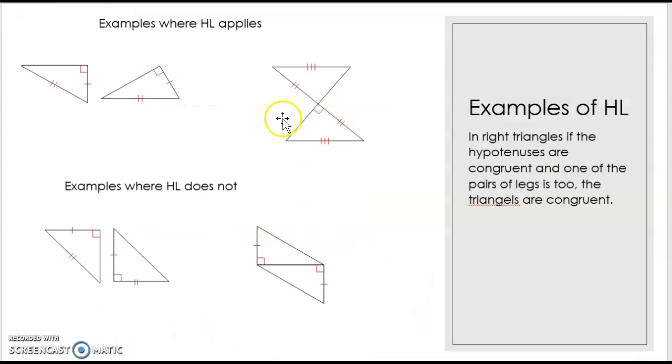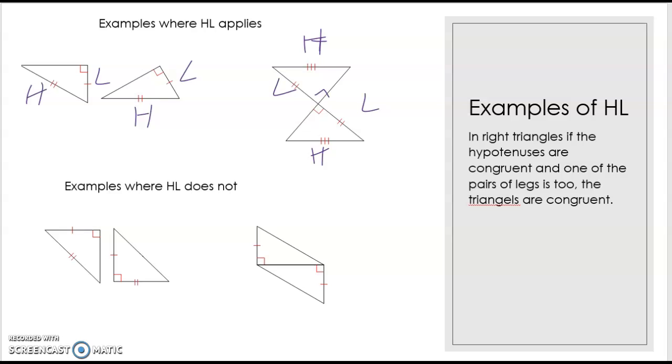So we have a few examples where HL applies. And you'll notice that in this case I have my congruent H and my congruent L. Okay. Over here I've got H and L. And I've got this triangle, which has a right angle, so that's how I know it's an HL.